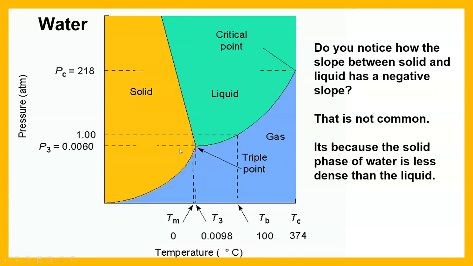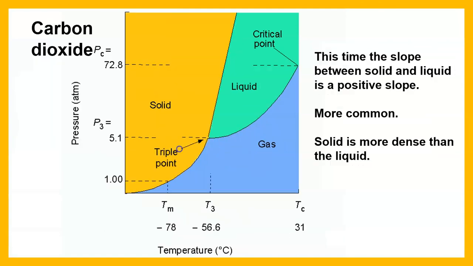And that has to do with the fact that liquid water is more dense than the solid. Water molecules kind of spread themselves out when they make their crystal structure, and that's not a typical thing. Usually you would see a positive slope here because usually the solid's more dense, right?